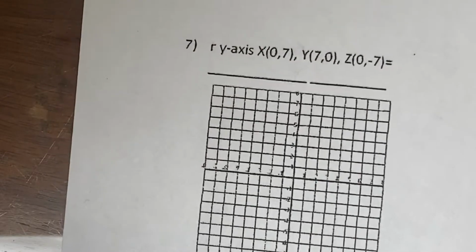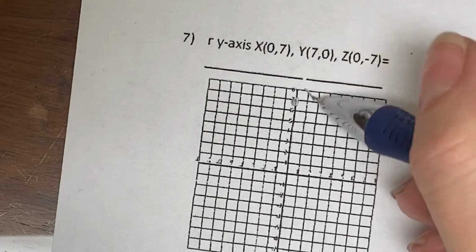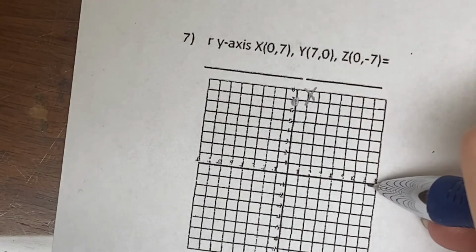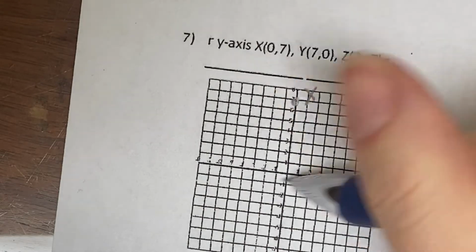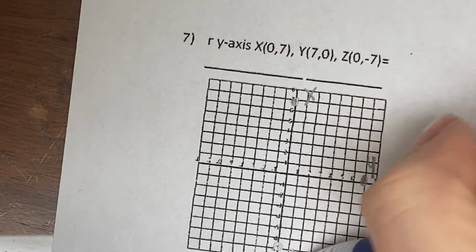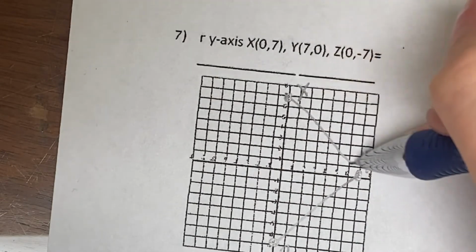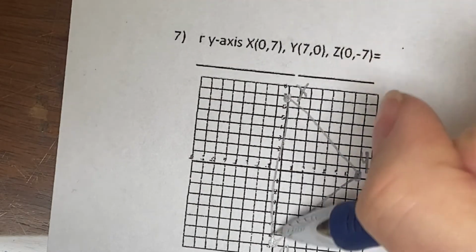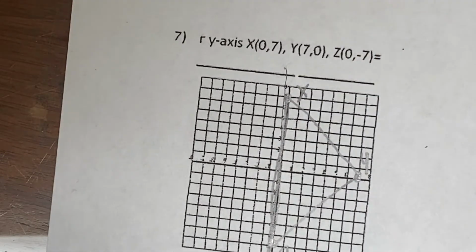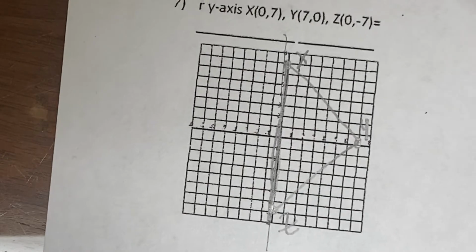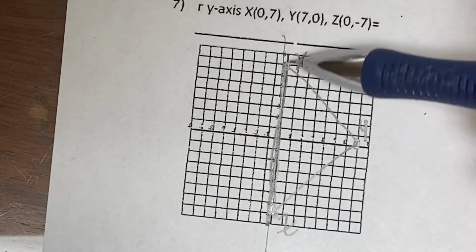Okay, so I have 3 points. X is at 0, 7. Y is at 7, 0. And Z is 0, negative 7. Alright, and I want to reflect this over the y-axis, which is this line. So the x and the z are actually going to stay where they are.